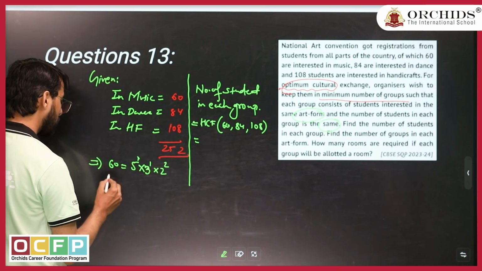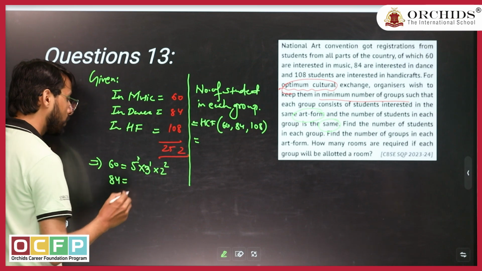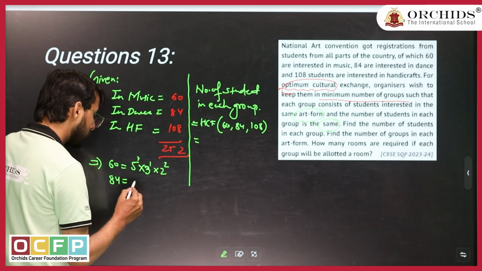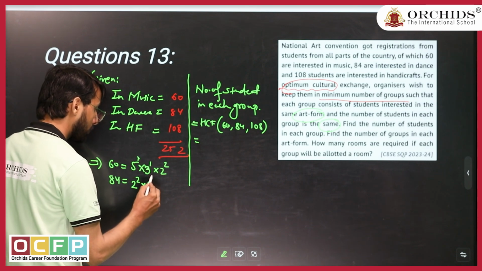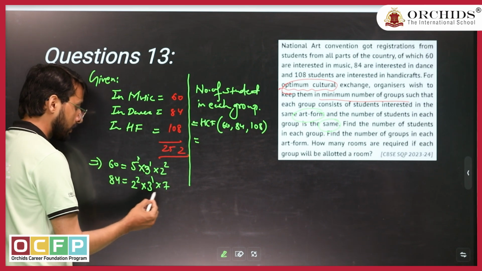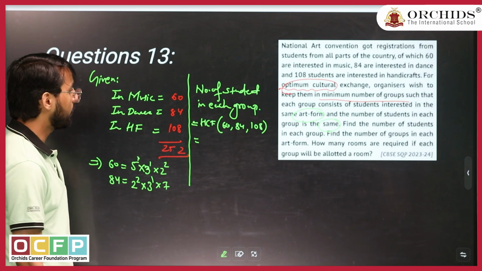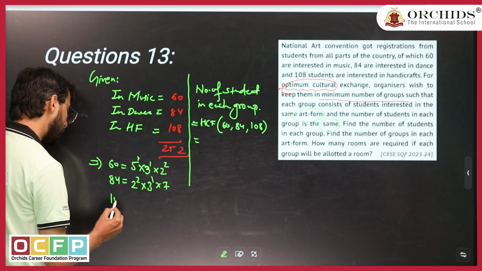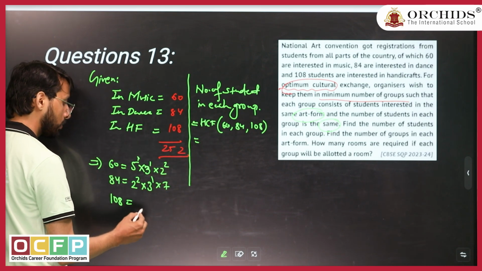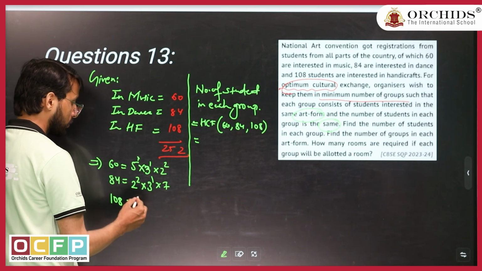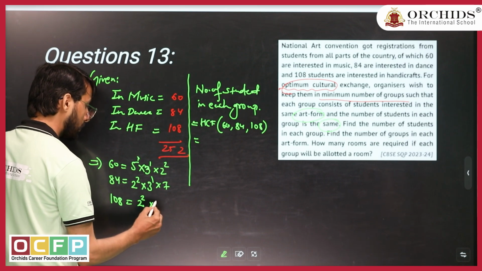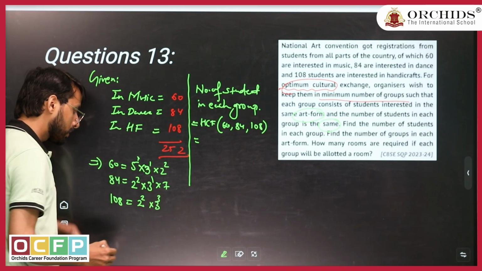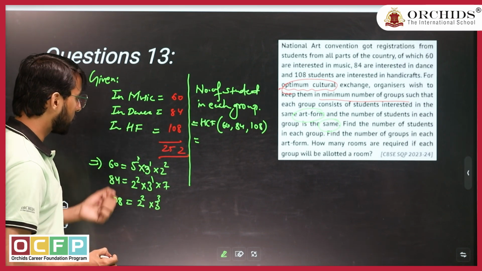This 84 I can write as 12 into 7, and 12 is nothing but 2 power 2 into 3 power 1, into 7. 7, 3, 21, 2, 21, 4 is 84. Last is 108. If I break 108, 12 into 9 is 108. So 12 is 4 into 3. So I can write 2 power 2 into 3 power 3. 3 power 3 is 27, 27 into 4 is 108.